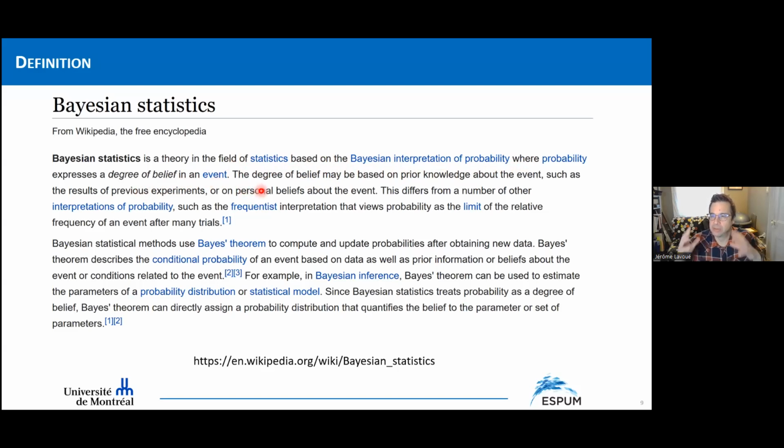So we start with a belief about something, and the other key thing I wanted to underscore is we use Bayes' theorem to update these beliefs after obtaining new data. So you see, to make a link with what I just said, we state a prior belief about a situation, and we update that belief with the measurements, for example, that we took in a certain situation.